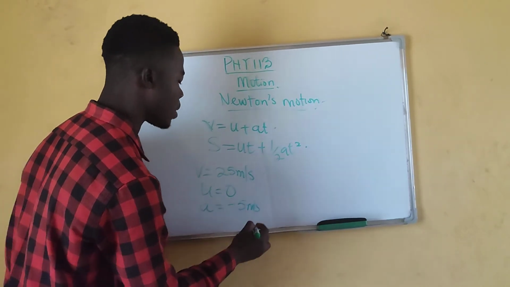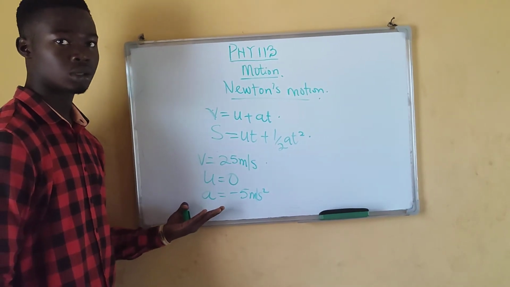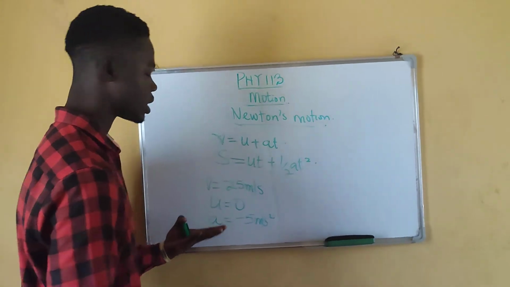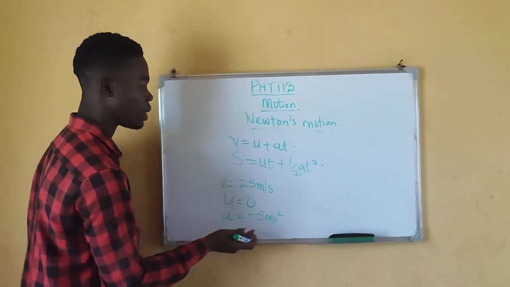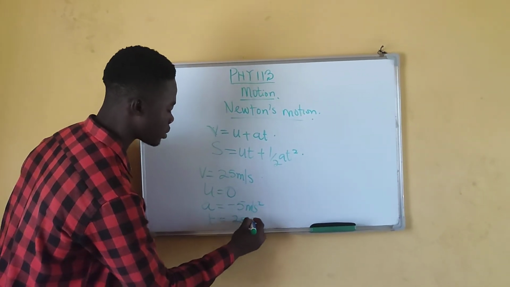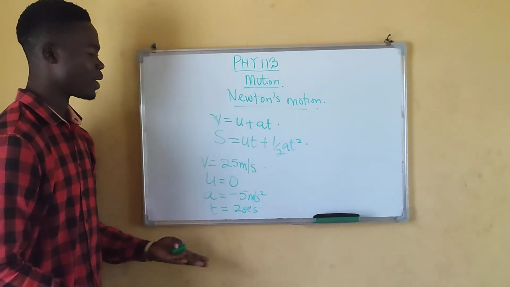Once you are given -5, you should know it is deceleration. Or they can simply say it decelerates with this. Then your time equals 2 seconds.